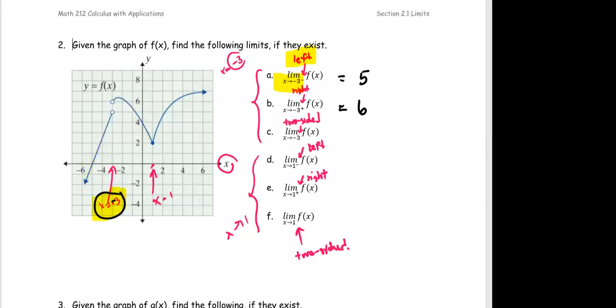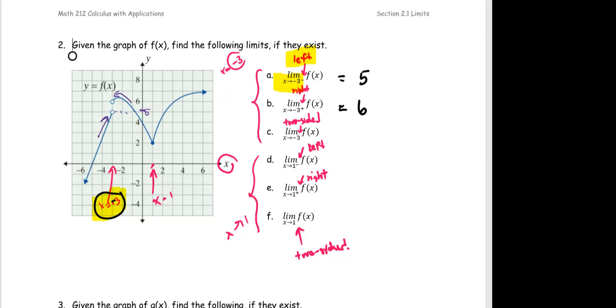Okay, no problem. You're okay with the 5, right? Your target is -3. When you see the superscript negative sign, we go to the left. So that's why we get the answer 5 for part A. For part B, from the right, this time we look at the right side of the curve coming toward x approaching -3.